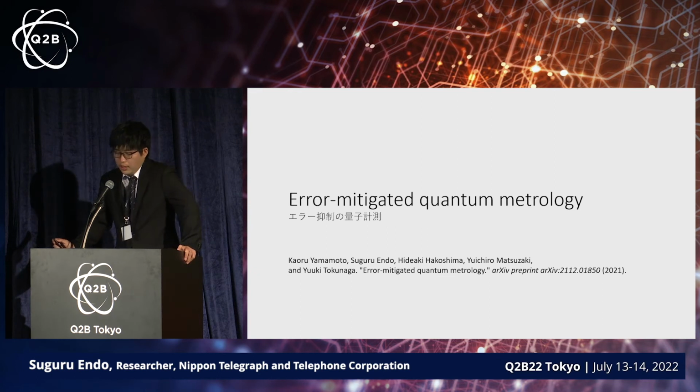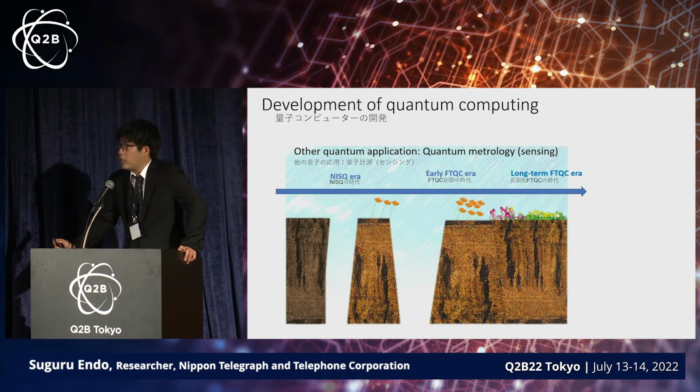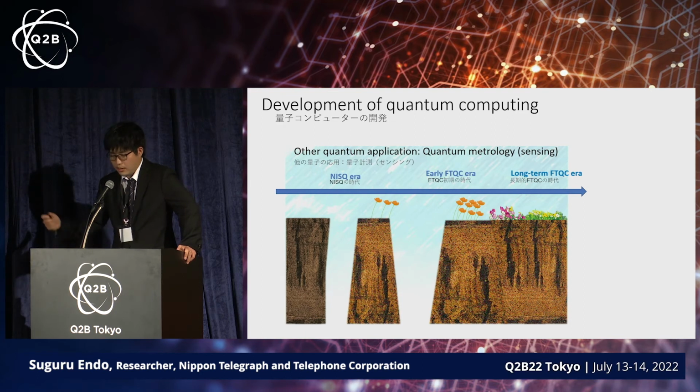Next, I'd like to talk about error mitigation for a completely different task, quantum metrology, which is also called quantum sensing. This is a timeline of quantum computation. I showed this figure many times, and quantum information technology fields include other important applications like quantum communication and so on.